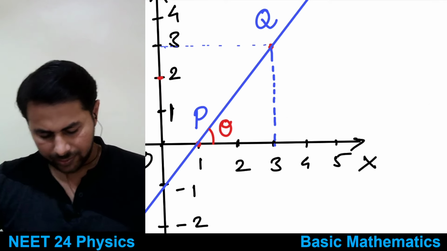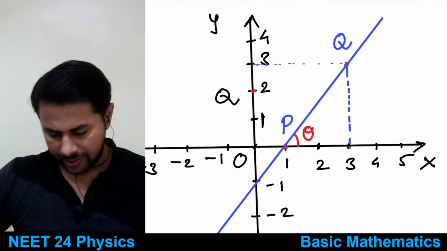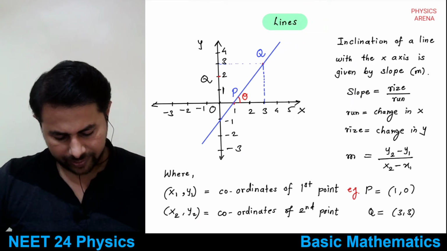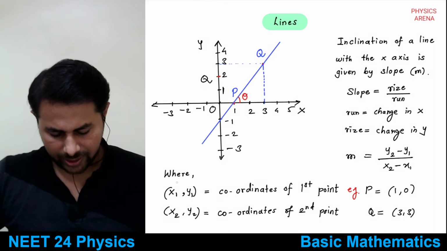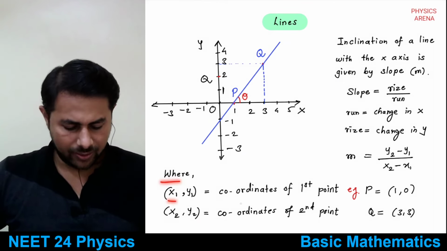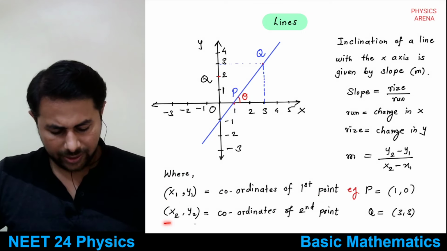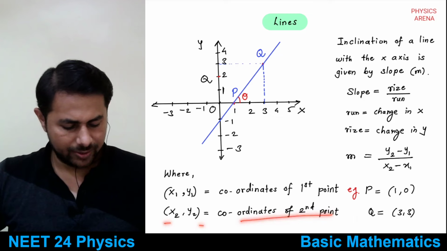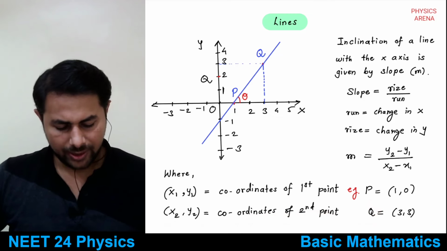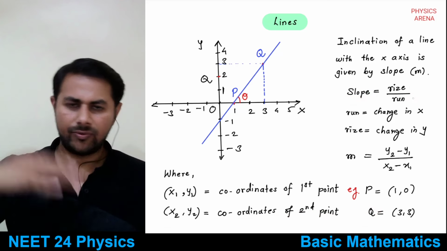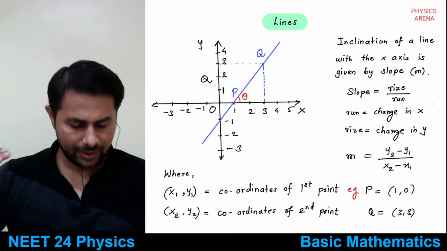Okay, so point P is x1, y1, or let us write it somewhere. Yeah, it's written here, where x1 y1 are the coordinates of the first point, this is point P, and x2 y2 are the coordinates of the second point, point Q. Then slope is rise over run, that is, change on the y-axis divided by change on the x-axis.